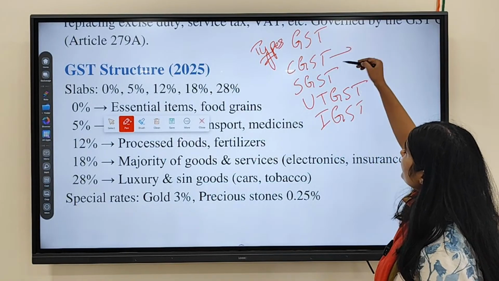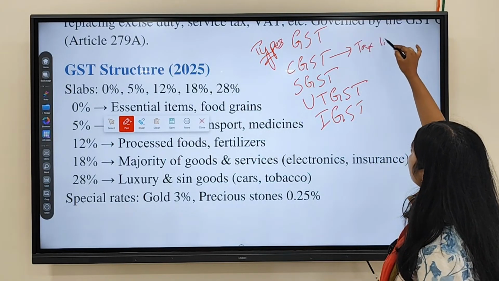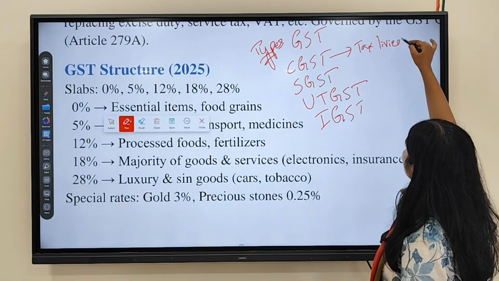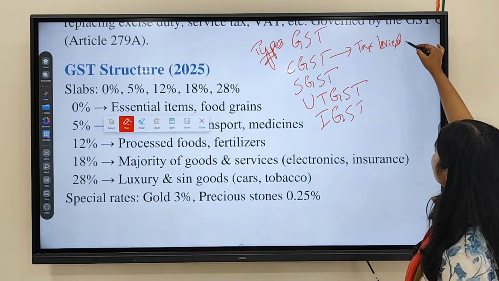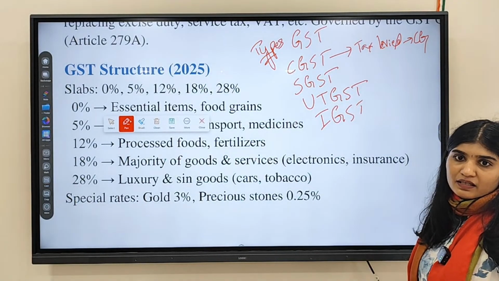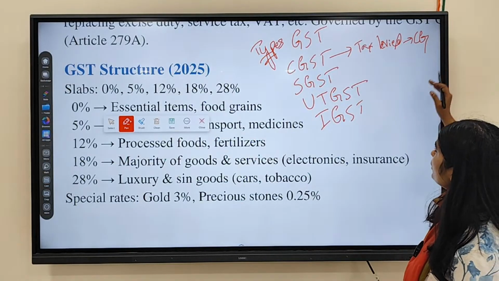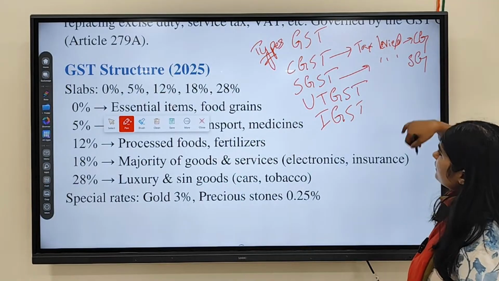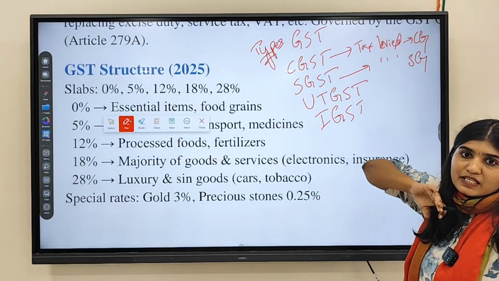If the tax is levied by the central government, then it is called CGST. Just concentrate here. You can write in your own words. If the tax is levied by the state government, then that is called SGST.